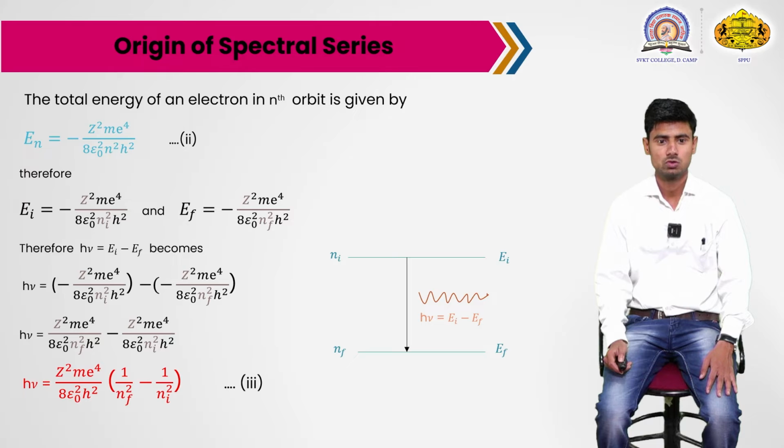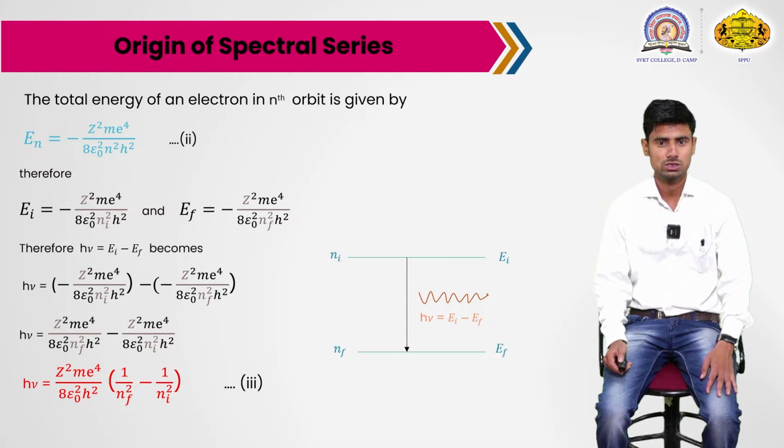So Ei will be equal to minus Z square m e power 4 divided by 8 epsilon 0 square ni square h square, where ni is the principal quantum number for the energy level which has energy Ei. And also I can write Ef, which is the energy of the final energy level to which the electron jumps. So it is a lower energy level. So Ef equals minus Z square m e power 4 divided by 8 epsilon 0 square nf square h square.